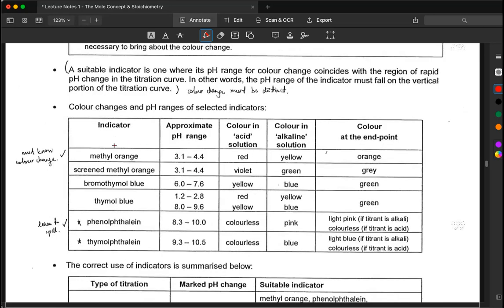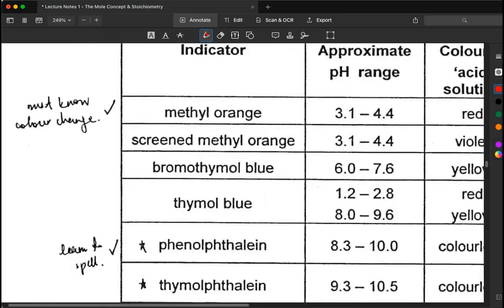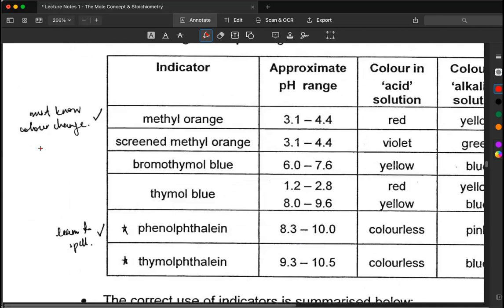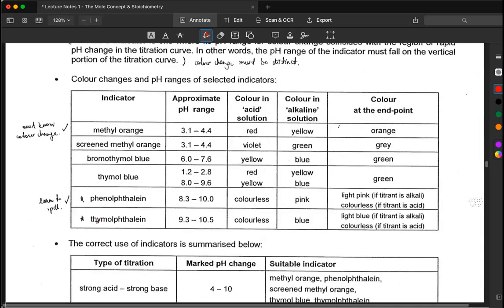So these are the common indicators, good to know. For theory. For practical, phenolphthalein won't be used because it is taken out. But you need to know it for theory as well. You do not need to memorize the exact pH range, but you need to know the color change, especially for methyl orange.